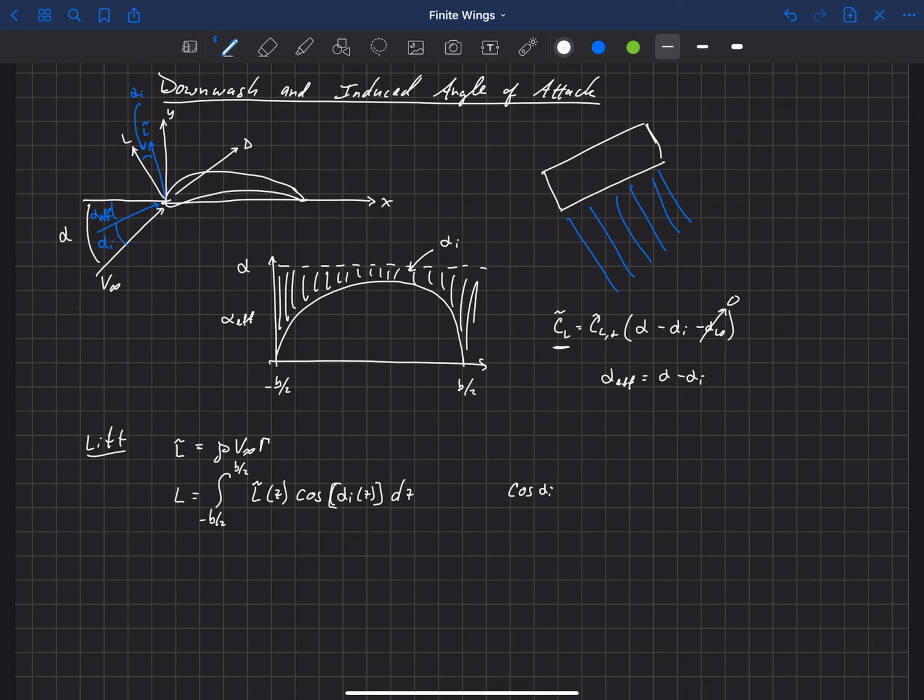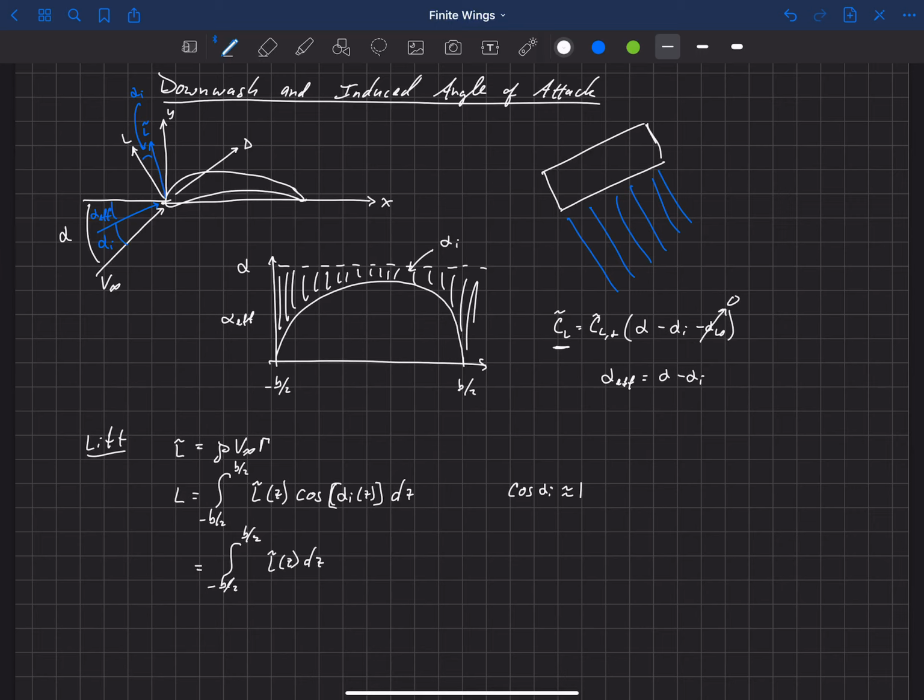Now we can say that cosine of alpha I is very close to 1, because generally the induced angle of attack is very small, and so this can be approximated as simply the integral from negative b halves to b halves of L tilde of z dz.